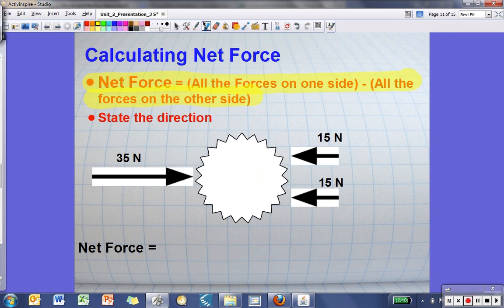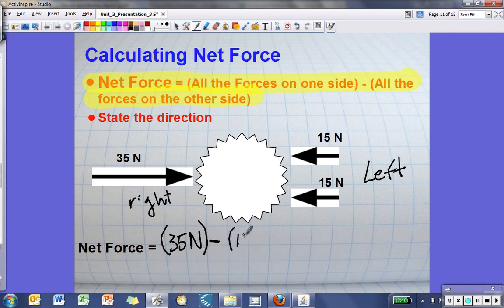One force is pushing 35 newtons to the right, and I've got two forces pushing to the left. So I add up all the forces on one side: I've got 35 newtons pushing to the right. And I subtract the two forces that are pushing to the left. So I go 15 plus 15.